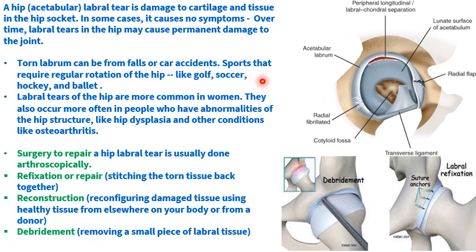In all these cases, labral tears can be seen, and they are more common in women and are more common with osteoarthritis and any other pathology of the hip joint. Surgical repair is done arthroscopically, where the surgeon sees what he is doing.